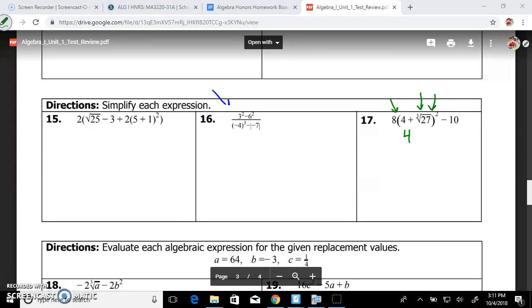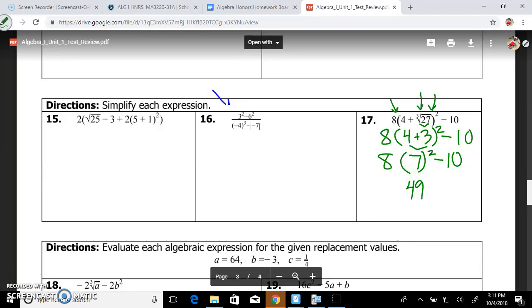So we have 4 plus 3 quantity squared. 8 is in the front, and then we're subtracting 10. So all we did was simplify that cube root. Now we're going to simplify the rest inside the parentheses. 4 plus 3 is 7 squared minus 10, 8 in the front. Now we need to do our exponent, 7 squared.